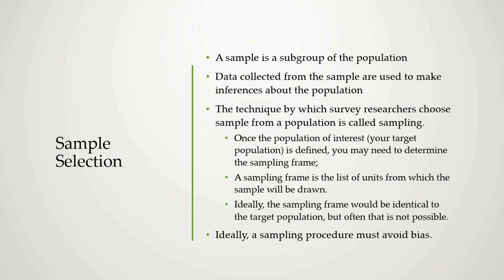Unfortunately, it's often not the case. That is why sampling frame as a concept has to be introduced. Just to be clear, my target population is all full-time students attending four-year colleges or universities in the US. My sampling frame is all full-time students attending the University of Memphis.